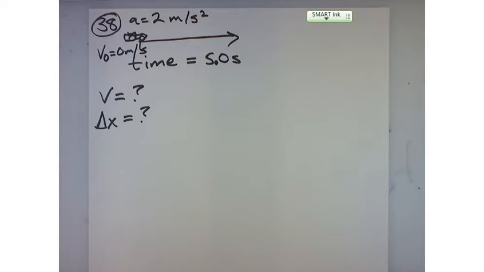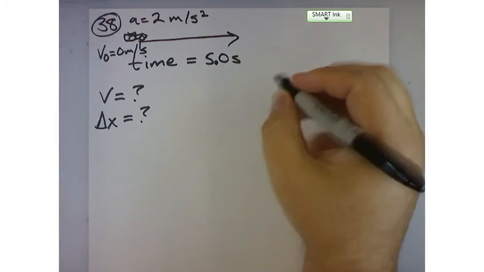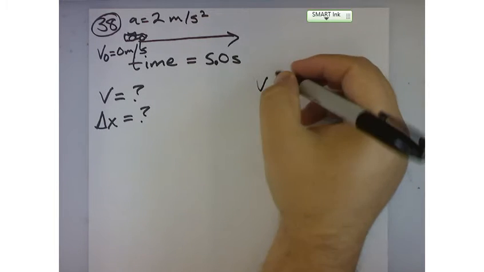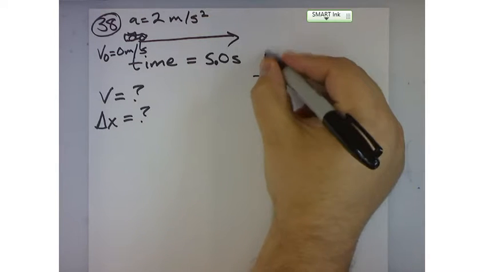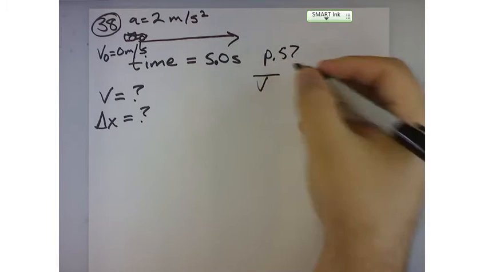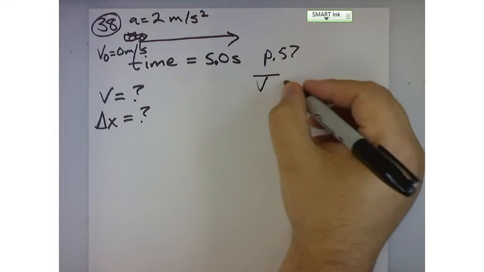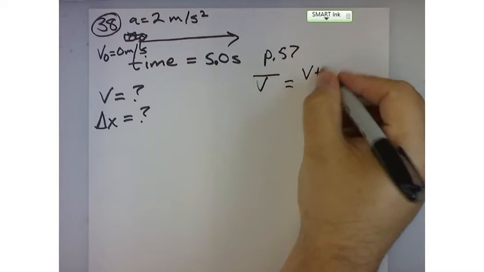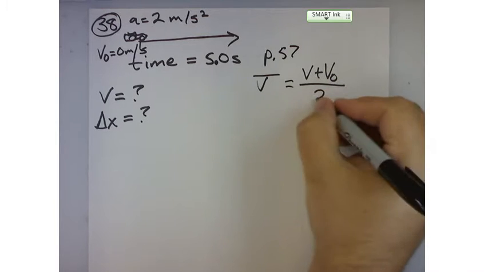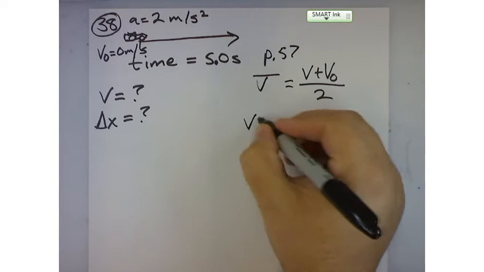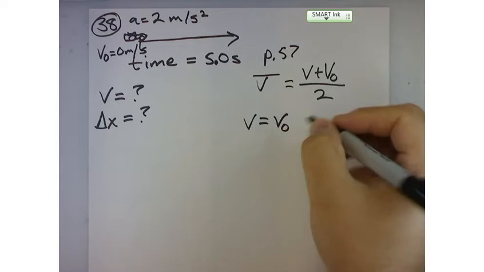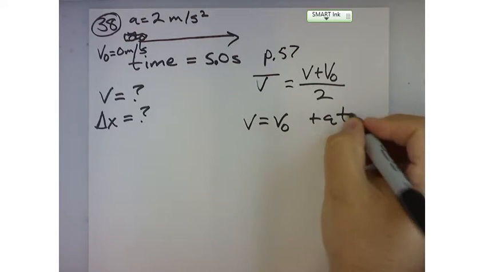Well, if we go in our textbook, there are some formulas that we could use, and I'm going to write all the formulas down. I know which one to use, but I'm going to write them all down and we're going to choose it. So on page 57, here are all the kinematic equations. So we have the average velocity is equal to the final velocity plus the initial velocity over 2. We have that the final velocity is equal to the initial velocity plus acceleration times time.